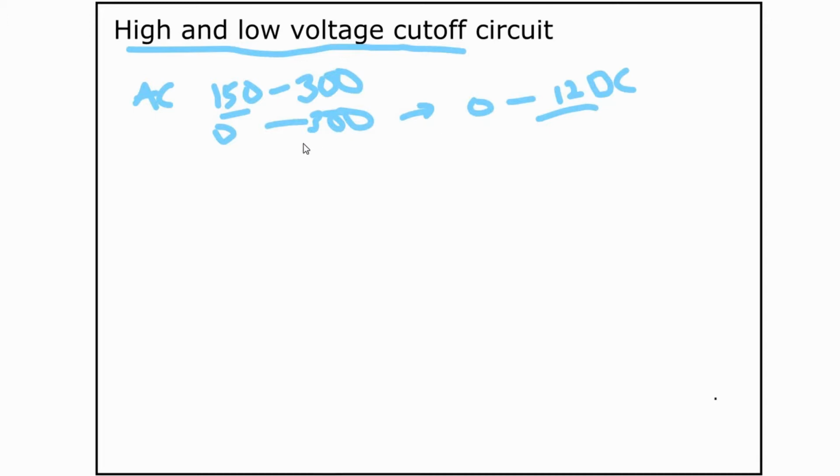Now, how do we convert this AC to DC? First we have to step down from this high magnitude, so we will have to use a step down transformer. We will step it down to, let's say, around 18 volts.